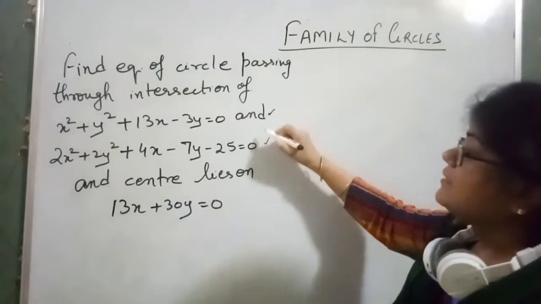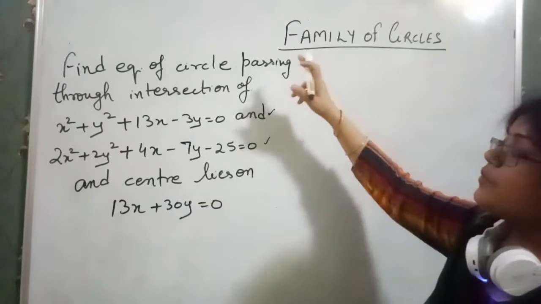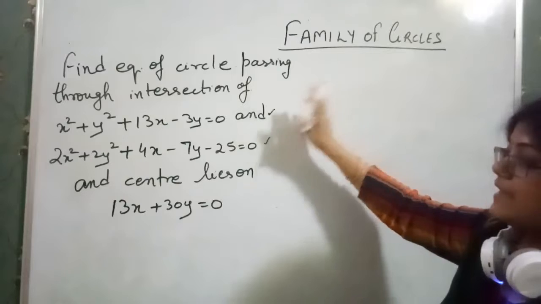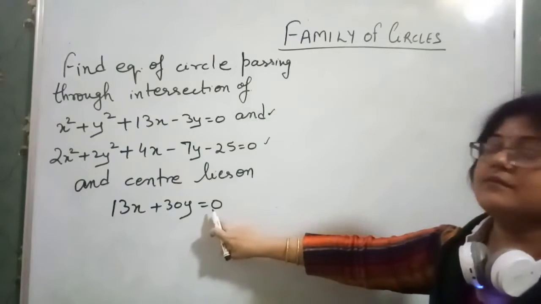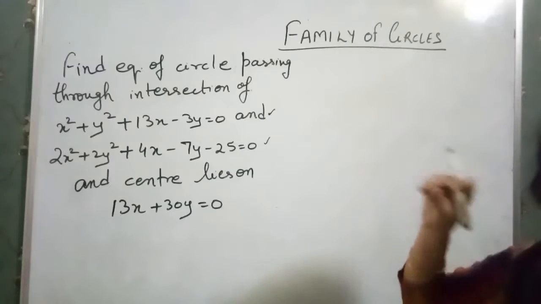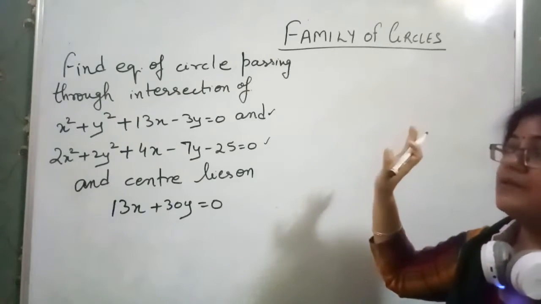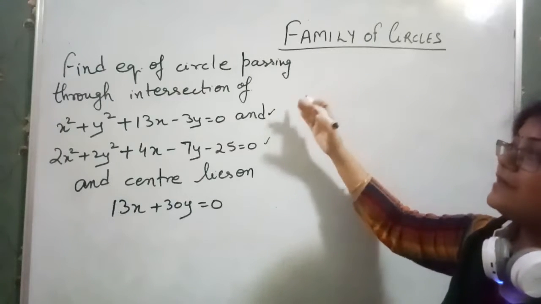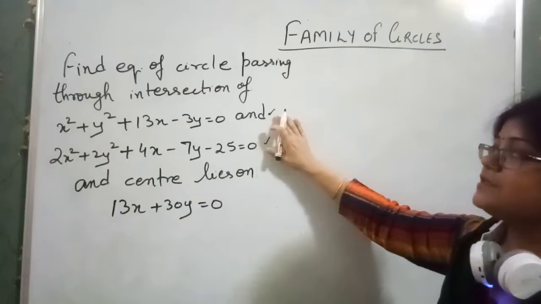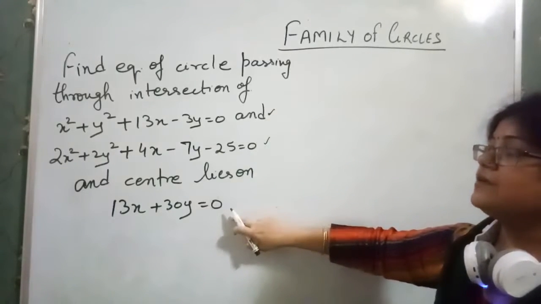I have taken the same circles again, but the required circle which we get has its center on this line. In the earlier question the point lies on the circle, so I put the values of x and y in the required circle. But here the center of the circle which we got after the intersection of these two circles lies on this line.